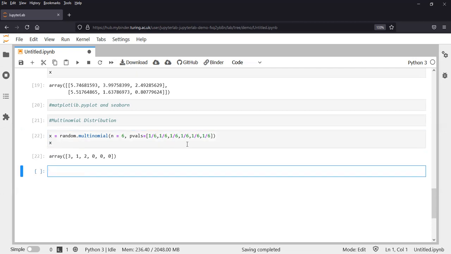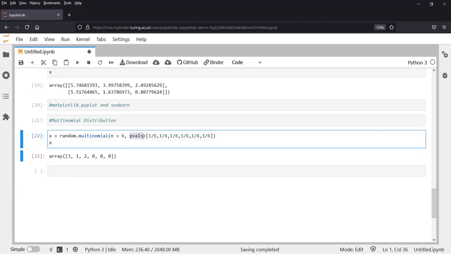The n means the number of trials, and the number of possible outcomes is the number of results.